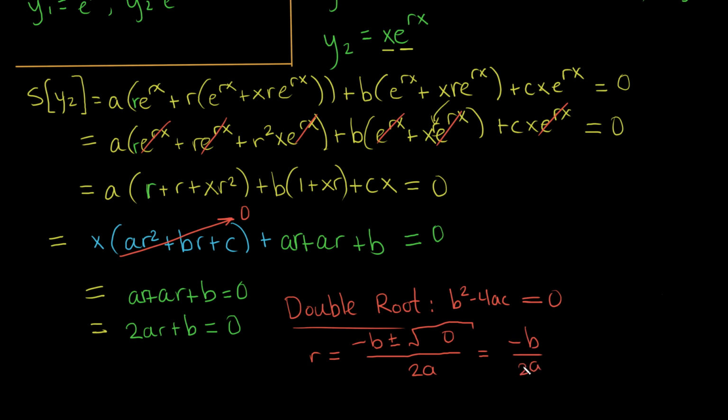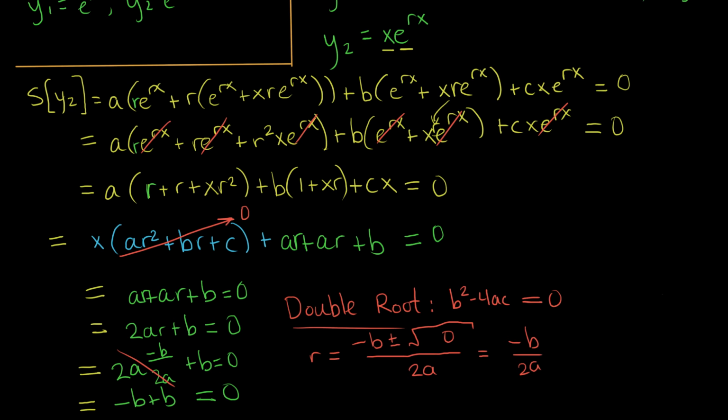And indeed, if we plug in r equals minus b divided by 2a, and maybe you can see where this is going, we get 2a times minus b over 2a plus b equals 0. This function is a solution if negative b plus b, canceling out these a's, equals 0.